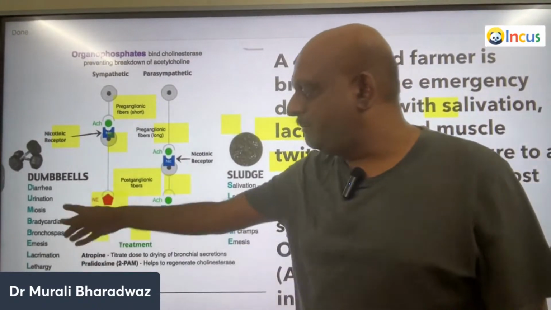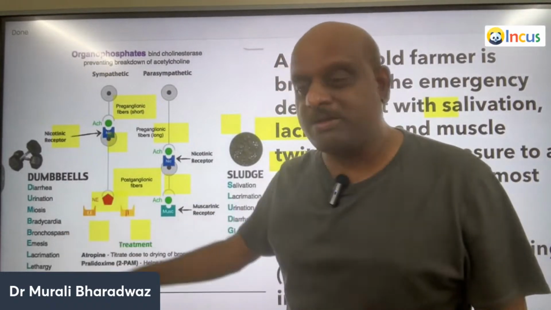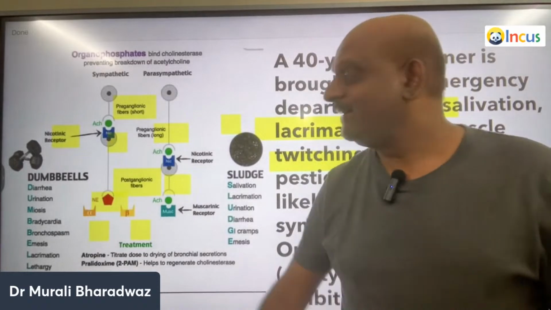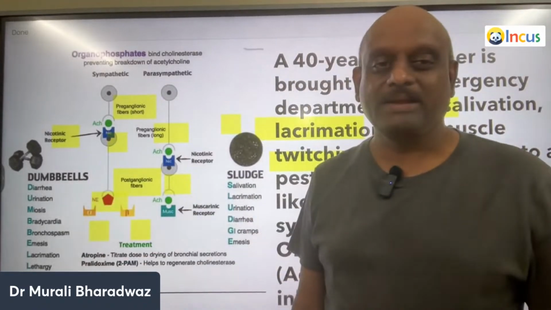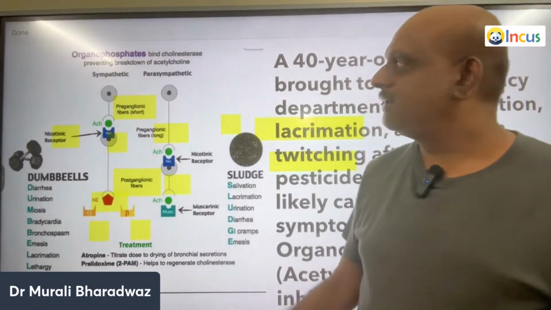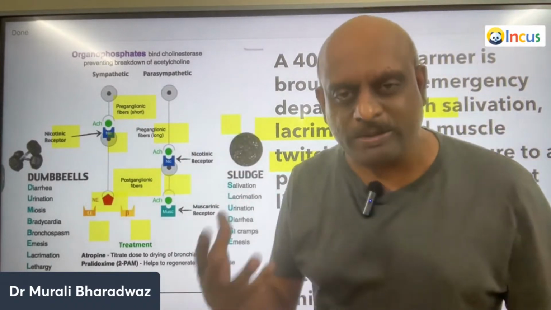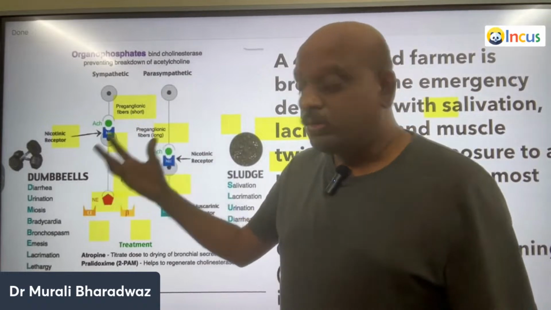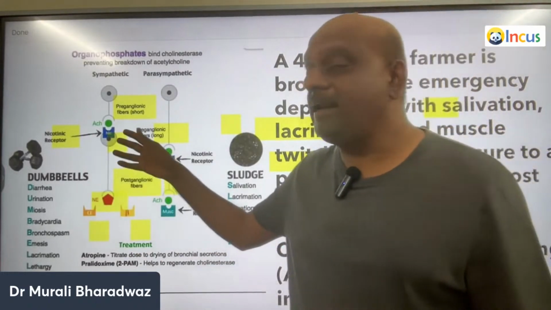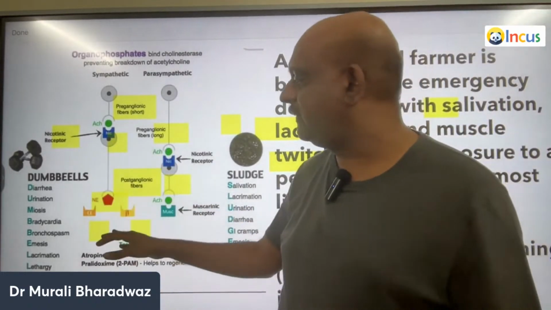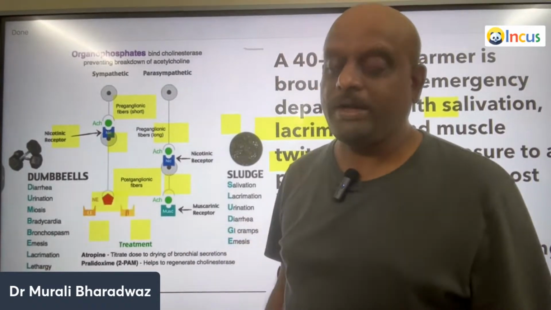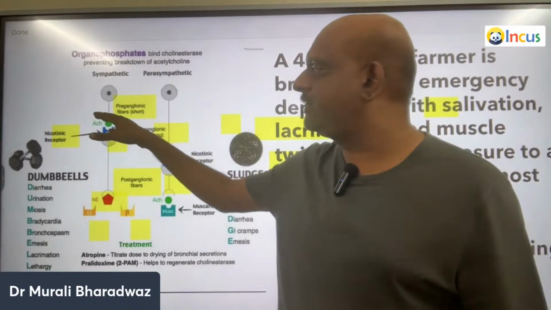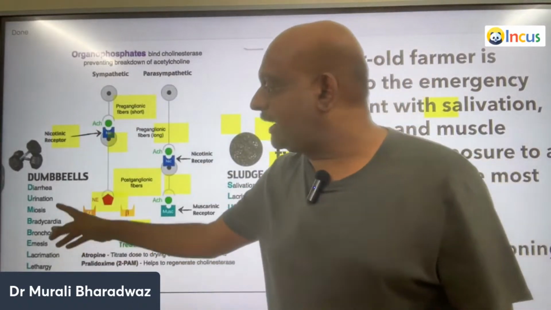Diarrhea, urination, miosis, bradycardia, bronchospasm, emesis, lacrimation, lethargy, salivation, and seizures. Once more, whenever organophosphate poisoning is there, too much acetylcholine activity will be there, and the noradrenaline levels will typically increase because of the increased nicotinic acetylcholine activity, and that leads to DUMBBELSS.